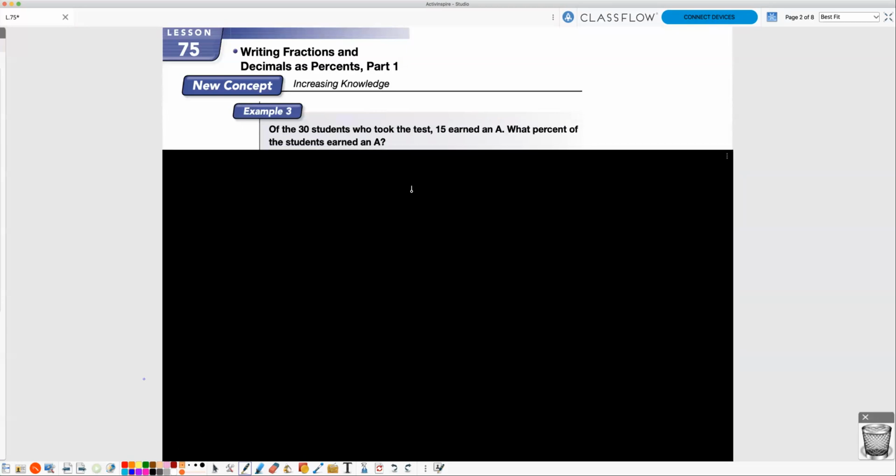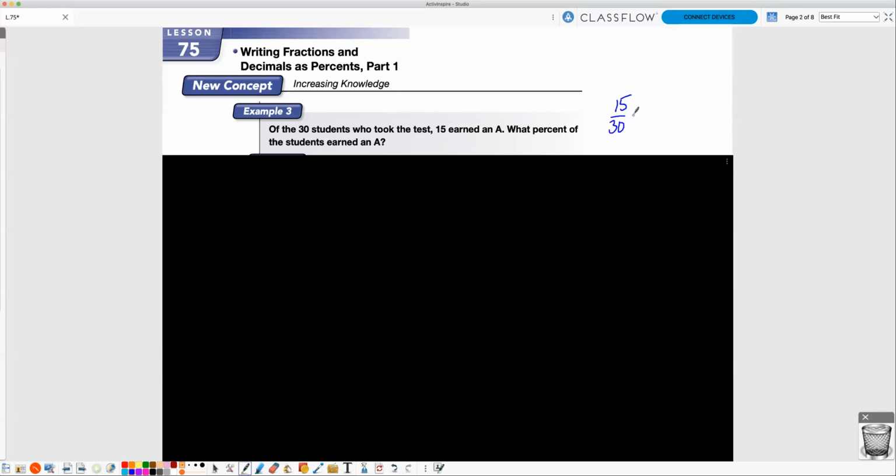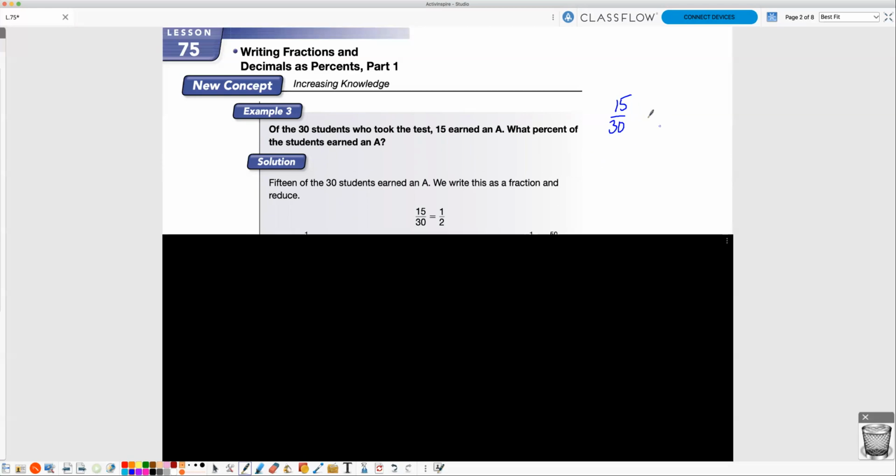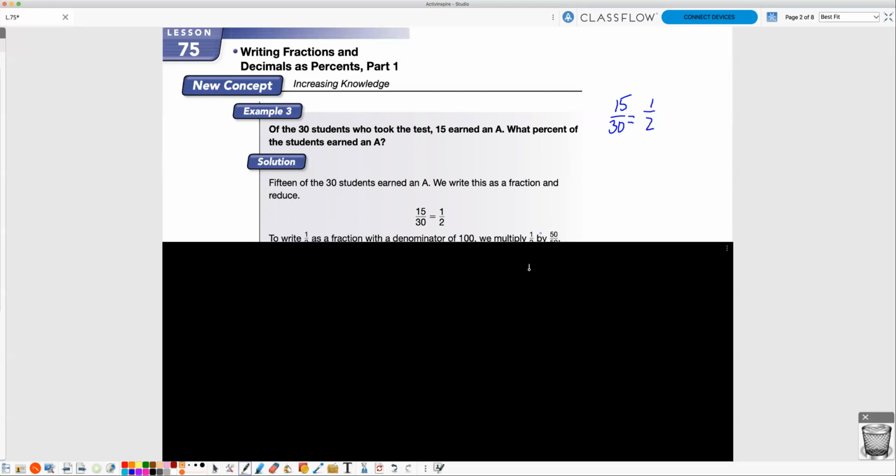Example 3, of the 30 students who took the test, 15 earned an A. What percent of the students earned an A? So 15 students earned an A. There were 30 total students. What percent earned an A? In this case, 15 30ths equals the same as 1/2. It can be reduced.